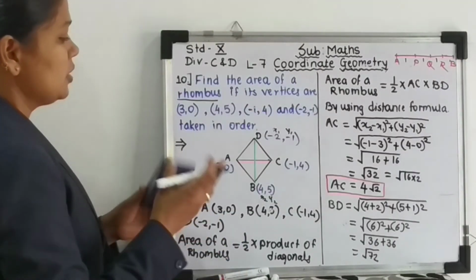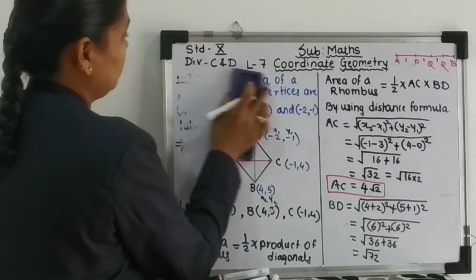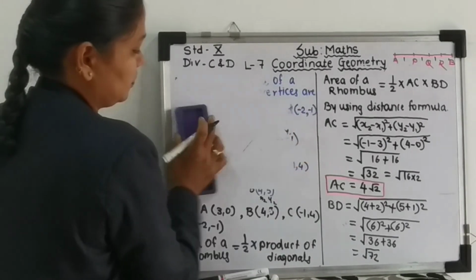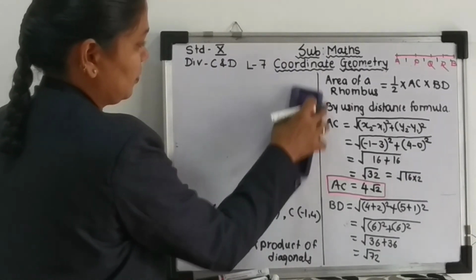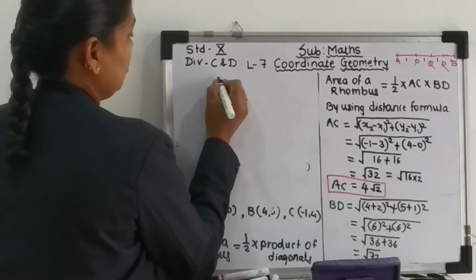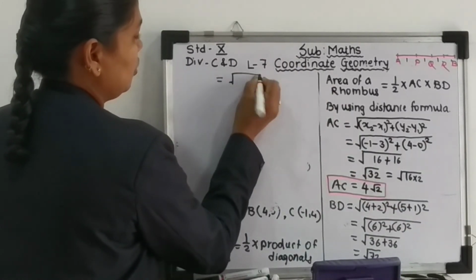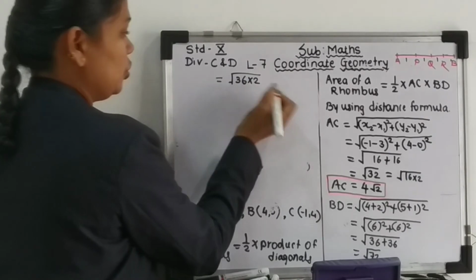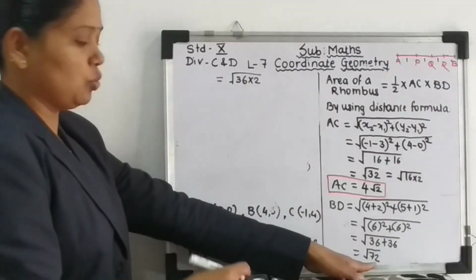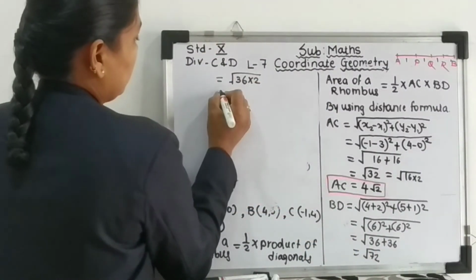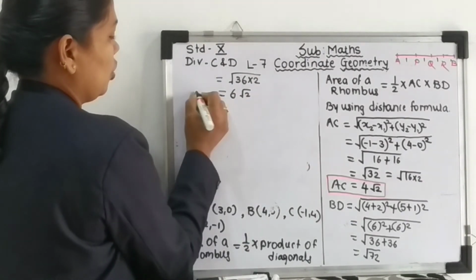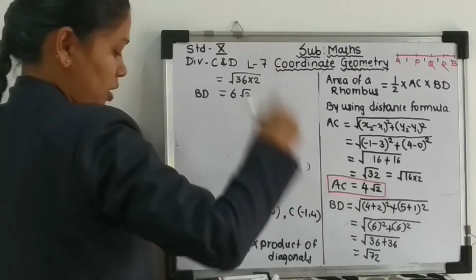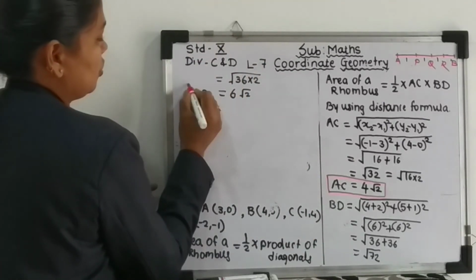Split 72. So we will get under root 36 into 2; 36 twos are 72, right? So 36 is the complete square of 6, root 2. So BD also we got, that is 6 under root 2.